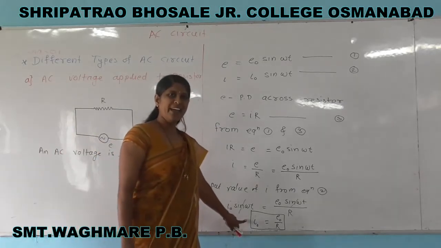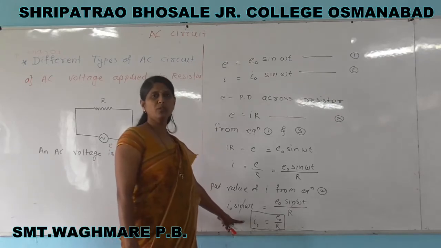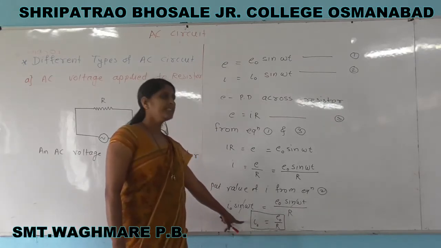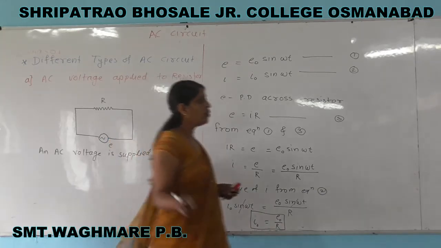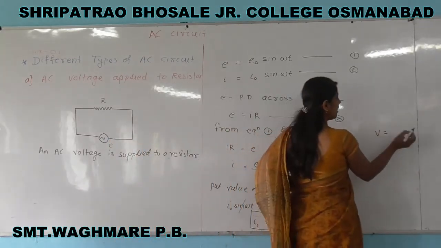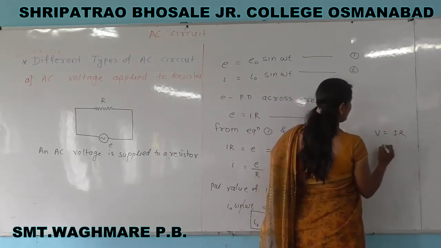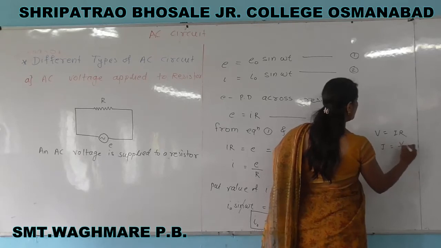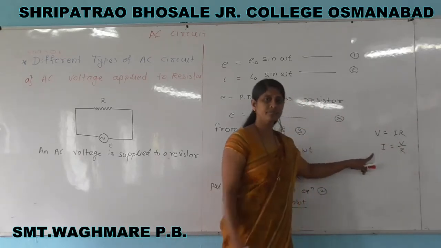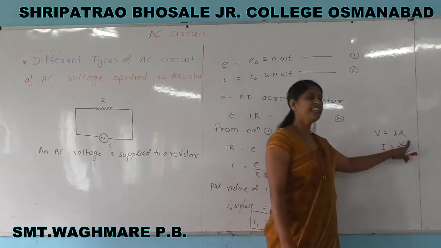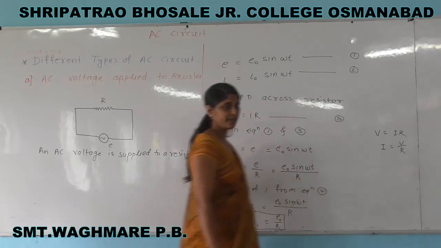We know the equation of Ohm's law is V is equal to IR, or I is equal to V upon R, where I is the current in the DC circuit, V is the potential difference, and R is the resistance of the circuit.